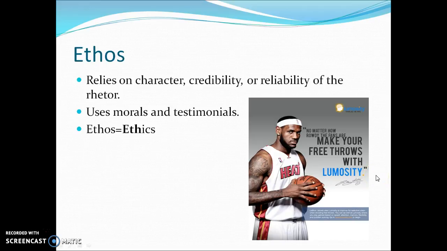And hey, he's a very good basketball player, so why shouldn't we believe that this product works as good as he says it is? See, so that's the idea of ethos.